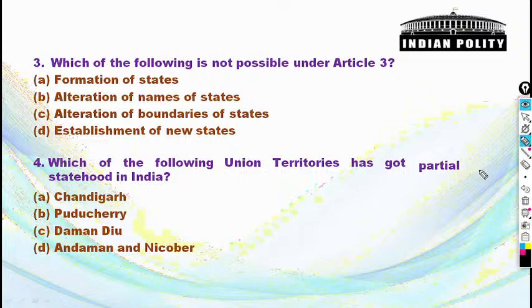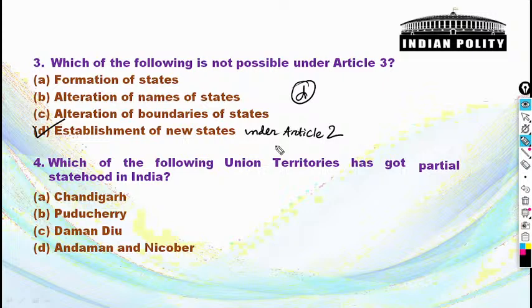Alteration of the names of states and alteration of the boundary of the states is possible, but establishment of new states is possible under Article 2. Therefore, option D is not possible. It is possible under Article 2, which empowers the center to establish and admit new states. For your information, Sikkim was admitted and established as a new state under Article 2 in 1975.